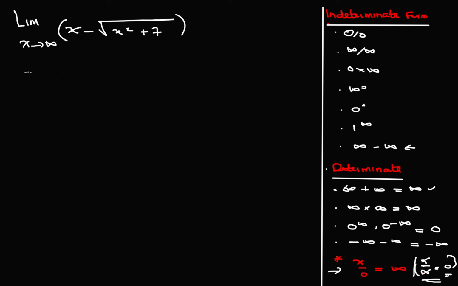So what are we going to do? We're going to see if we can use the conjugate. Now, I'm going to leave this out just for now. We'll put it back. Because these radicals can be a problem sometimes.